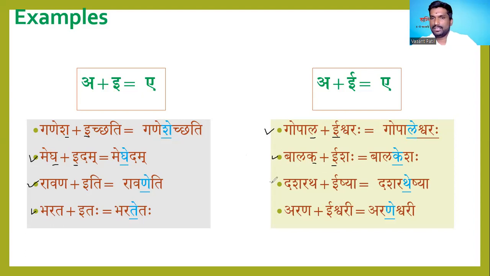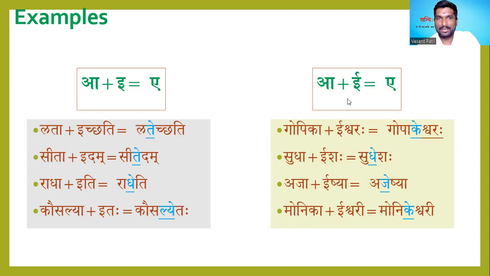Balakeshah. Dashratha plus Isha, Dasharathesha. Arana plus Ishwari, Araneshwari. Arana, a is there, and long ī, Araneshwari. So simple sandhi, but when it comes to splitting the sandhi, it is a little bit difficult.